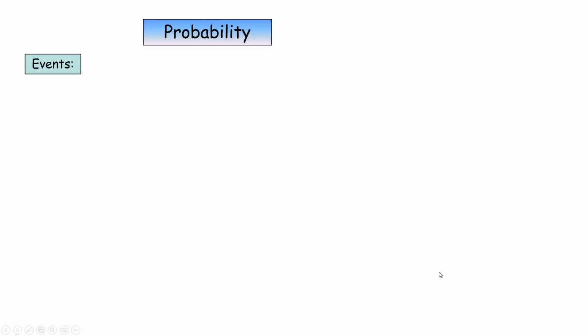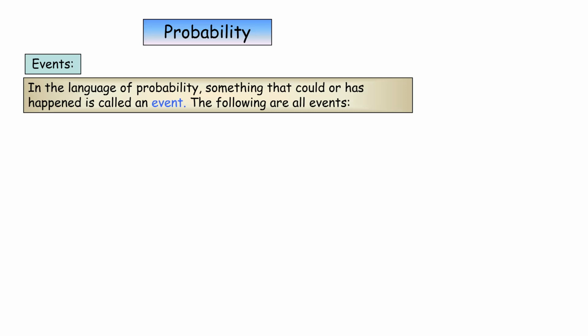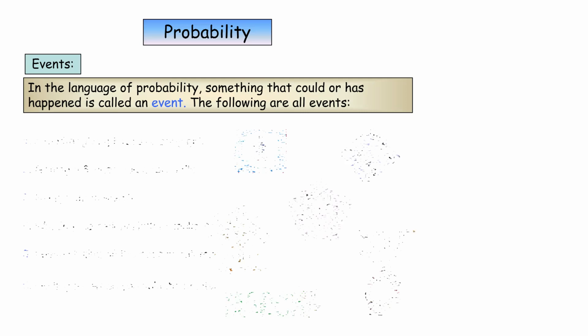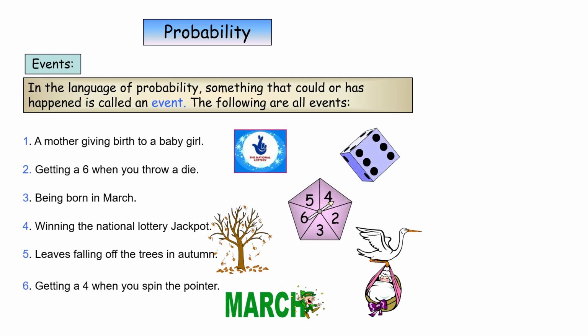And with probability, we have events. So an event is something that could or has already occurred. So we've got some events here. Mother giving birth to a baby girl, event. Getting a 6 when you throw a die, that's an event. Getting any of the numbers on a die is an event. Being born in the month of March.